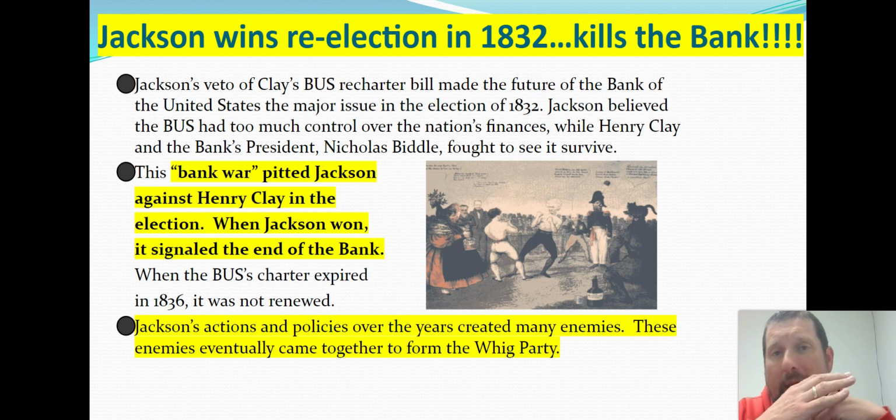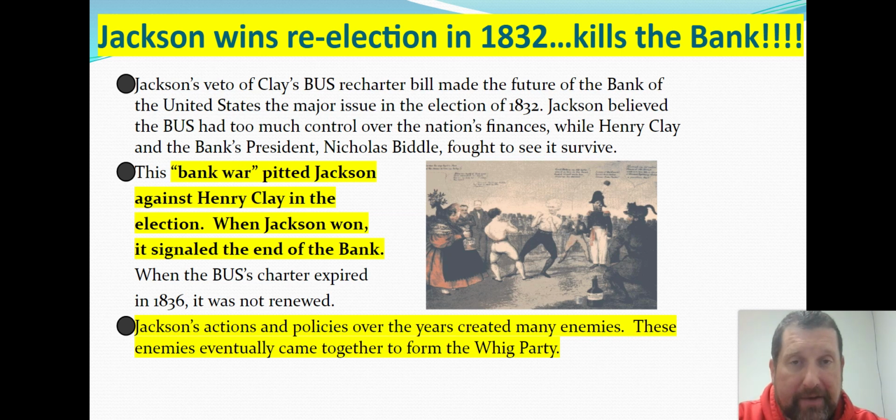And so when Jackson wins re-election in 1832, an election centered just around these bank wars, it becomes apparent that this bank is going to die. Certainly enough, the charter expires in 1836, and it is not renewed.